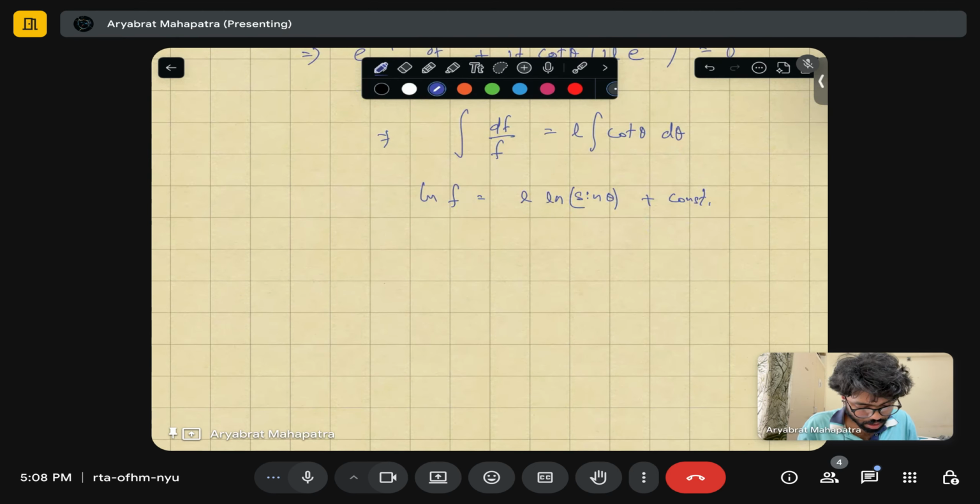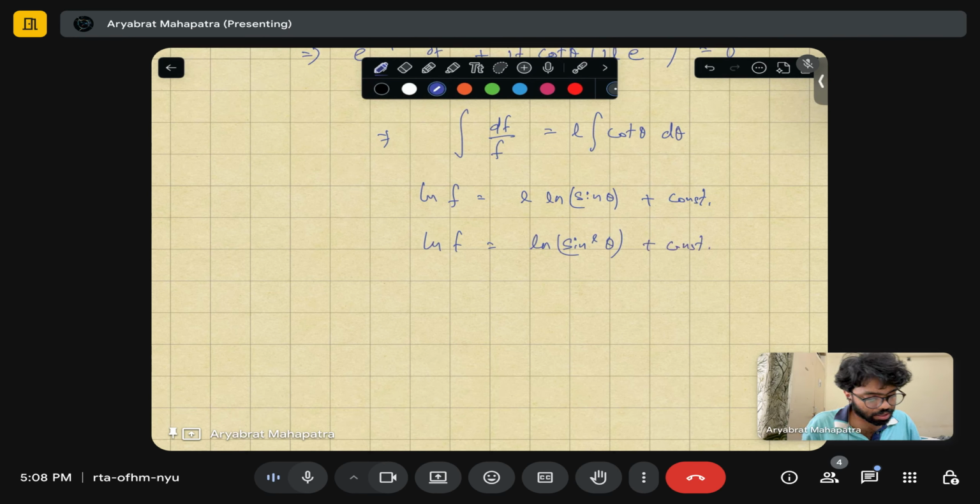So ln f equals l ln sine theta, I can write this l as the power of sine because I have log, plus constant.